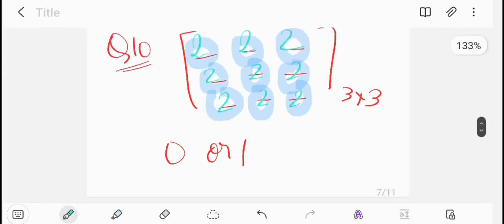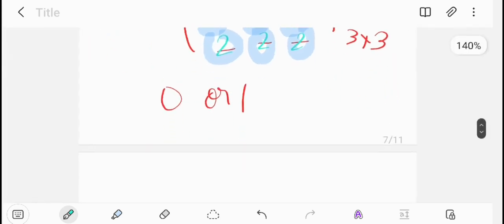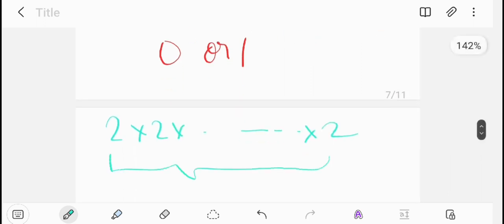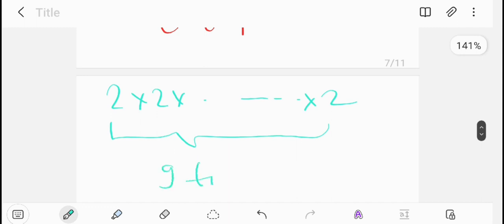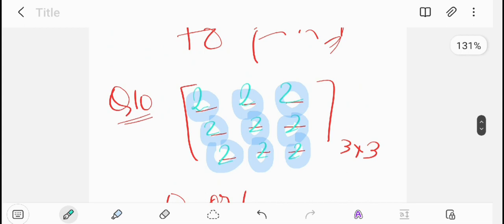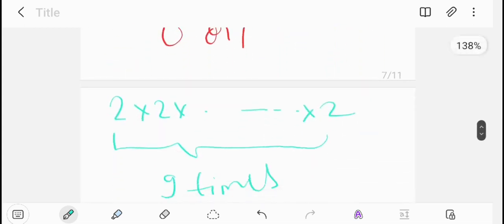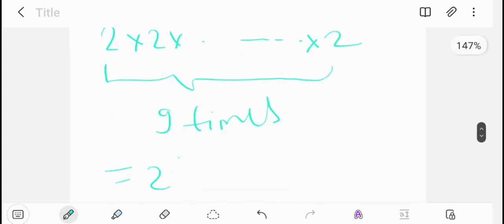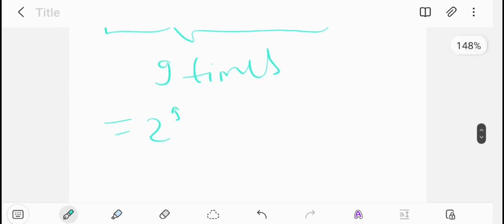So in all, how many possibilities do we have? We have 2 multiplied by 2, multiplied by 2, how many times? Actually 9 times, because there are in all 9 positions where we have possibilities. So in all we have 2 raised to the power 9, which equals 512.